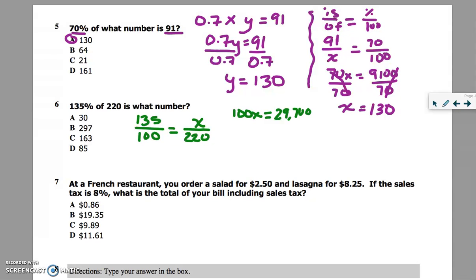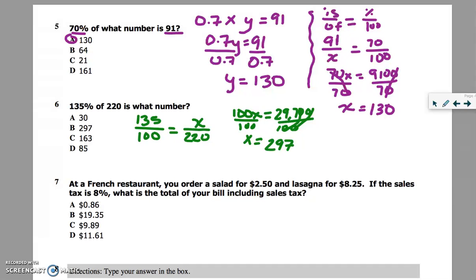I'm not scared. Okay, divide both sides by 100. I can take a 0 for a 0. There we go. So I end up with x is equal to 297.